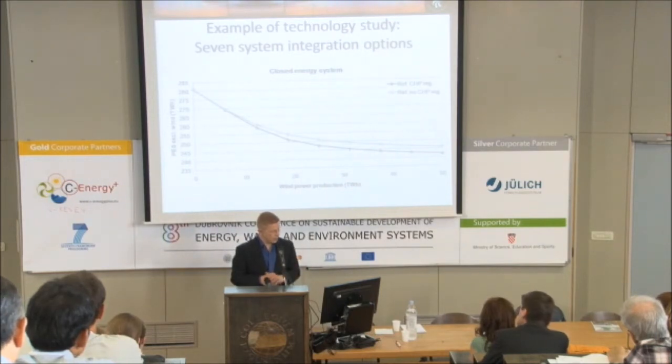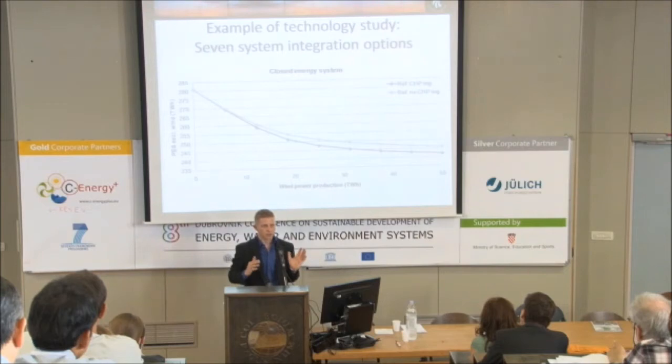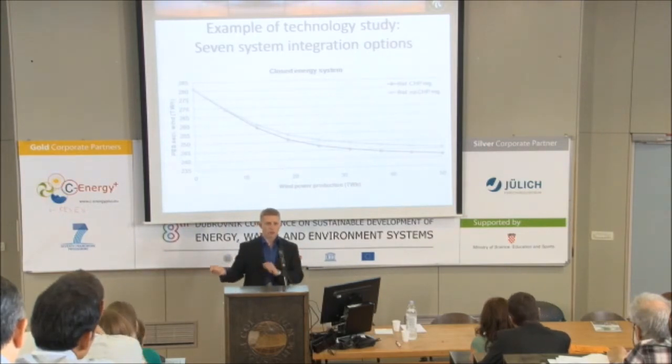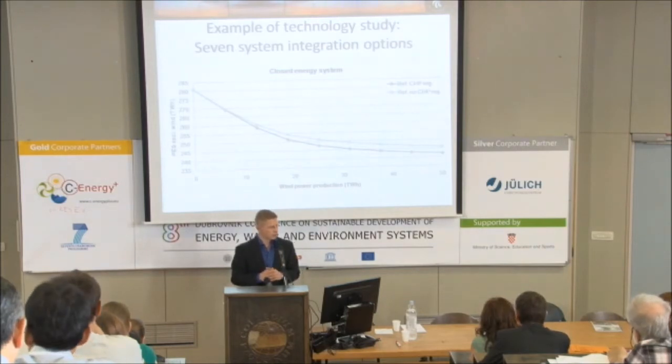But now on the y-axis we have the primary energy supply, and what we can see is that we get a lot of benefit from the first part of the wind that we introduce, but gradually the effect becomes lower because we have to curtail more and more of the wind, and we're not able to stop the power plant or the CHP plant from operating.